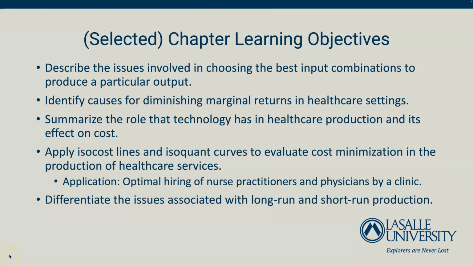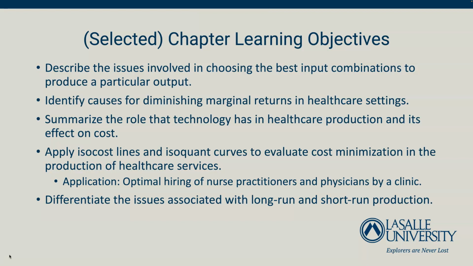After reading Chapter 4, you should be able to describe the issues involved in choosing the best input combinations to produce a particular healthcare output, identify causes for diminishing marginal returns in healthcare settings, summarize the role that technology has in healthcare production and its effect on cost, and apply isocost lines and isoquant curves to evaluate cost minimization in the production of healthcare services.